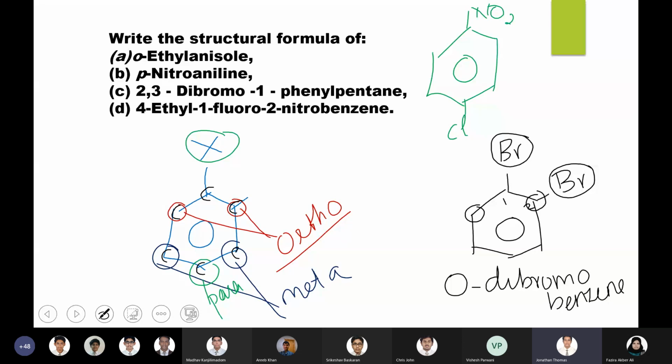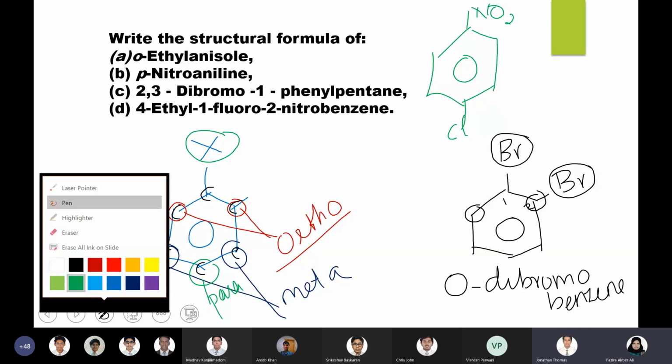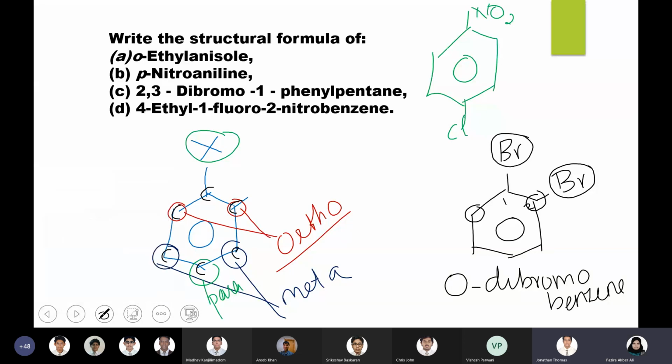Ma'am, is it p-chloronitrobenzene? Yes, p-chloronitrobenzene. Para position, so it is a para chloro. For para we write only p. So it is para-chloronitrobenzene.